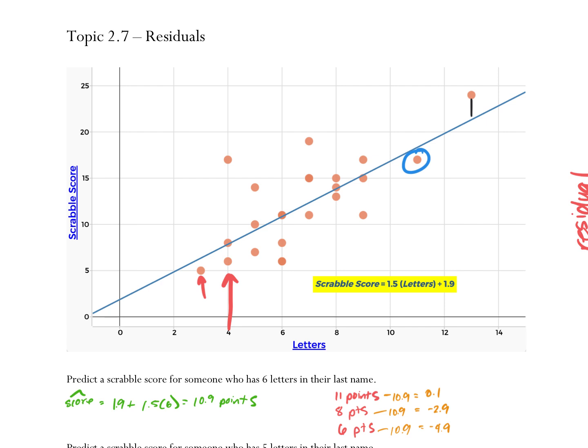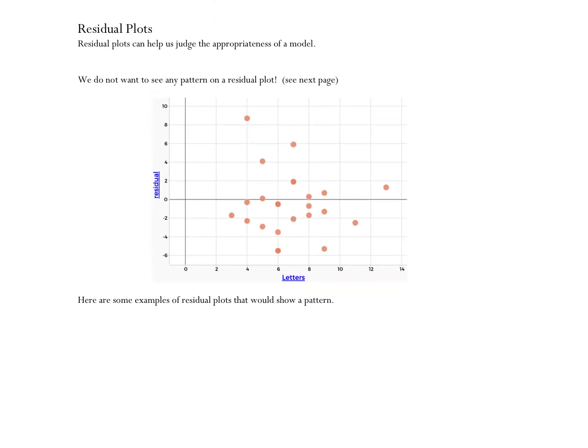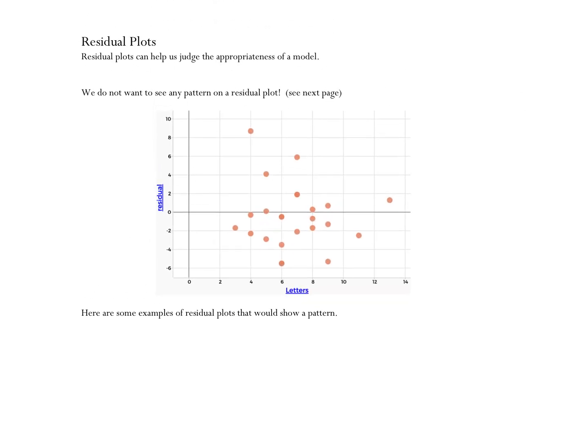Everybody comfortable with that? And in fact, could I find the residual for each point and make a dot plot of those residuals? Yeah. This looks a lot like this one. Yeah? Is everybody good so far?